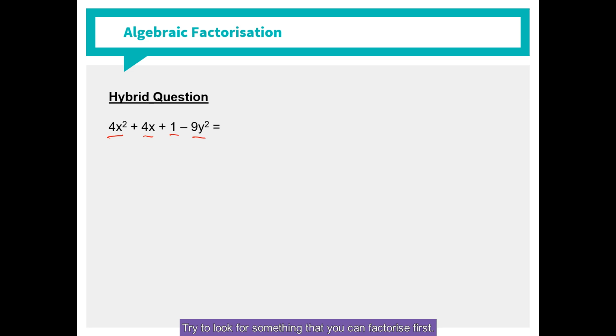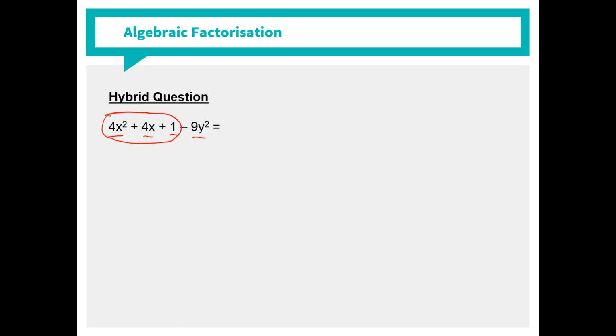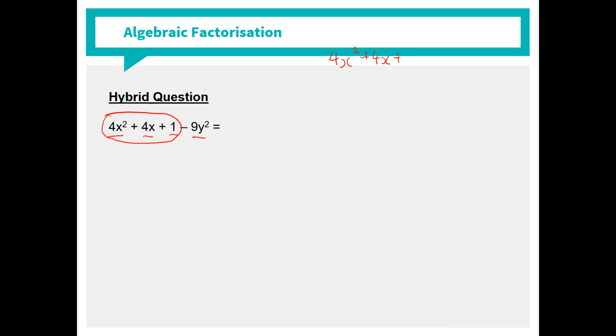Try to look for something that you can factorize first. In this case, my very well trained eyes can see that this part is actually factorizable. If I were to give this as a standalone question to you, you should be able to do this pretty easily because it is actually something squared plus 2 times something times something.